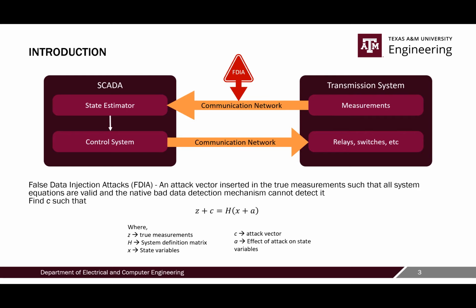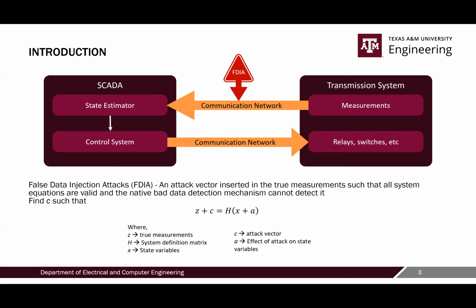Basically, false data injection attacks, the idea is to alter the measurements in such a way that the state estimator thinks that the power system is at one state when it's really at another state.